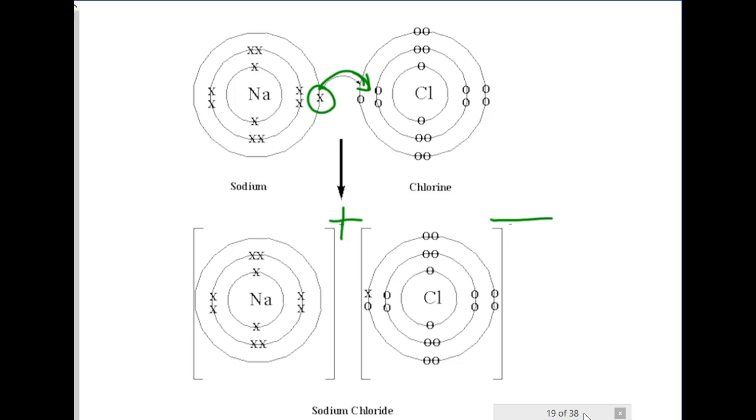Where's sodium on the periodic table? It's over here. Where's chlorine on the periodic table? Right there, over here. So when you name it, this comes first because it's on this side of the periodic table. This comes second because it's on the other side. Non-metal ending names always have to be -ide.